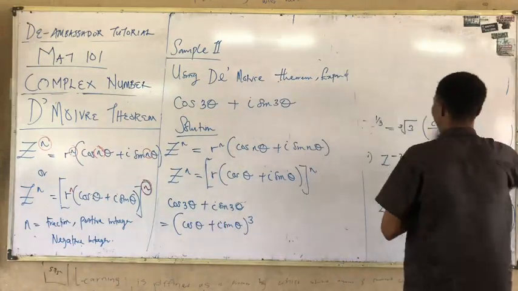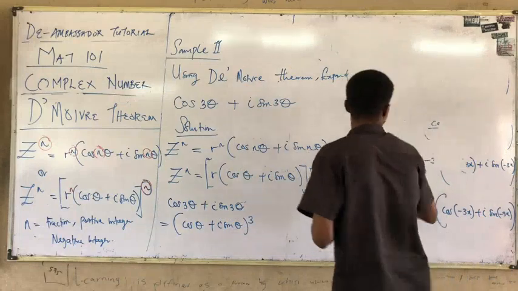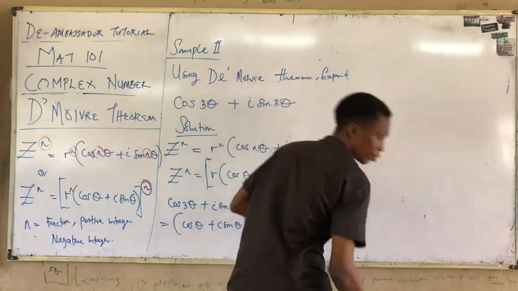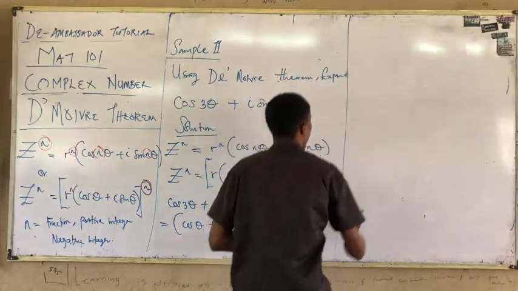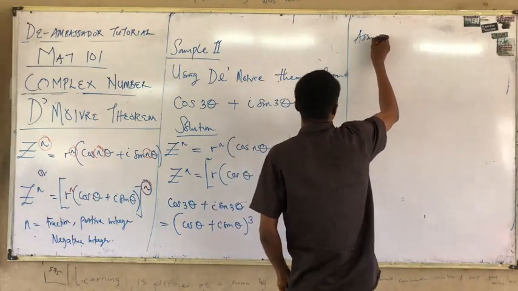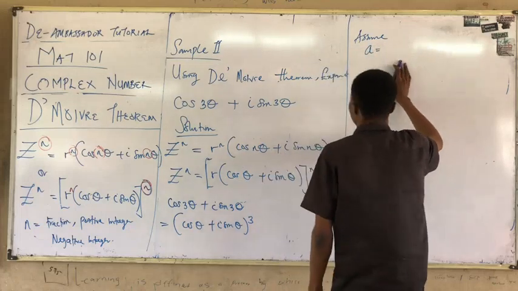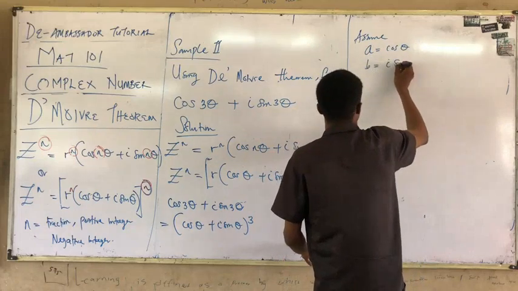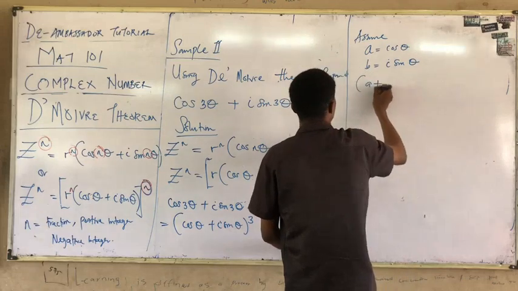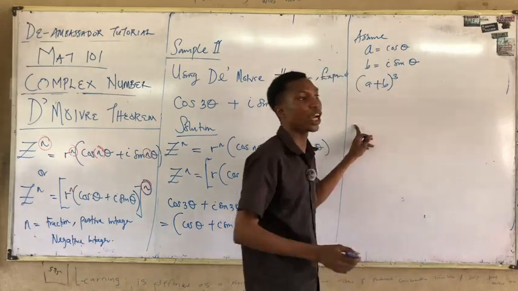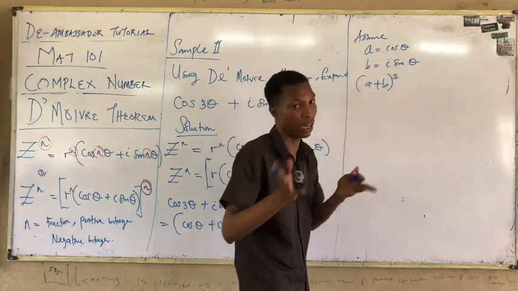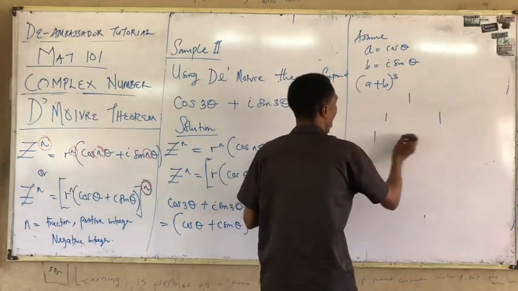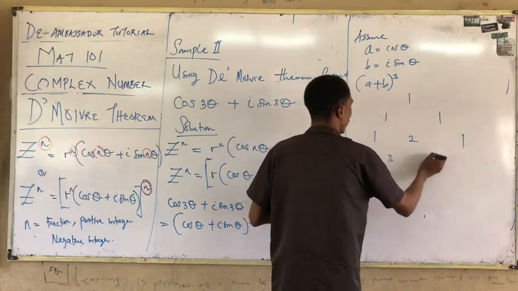So let's do something. Let's assume binomial expansion is coming in. Assume that a is equal to cos theta and b is equal to I sine theta. So what do we have? a plus b in the power of 3. Now, using the binomial theorem, we should use Pascal's triangle. 1, 1, 1, 1, 2, 1, 1, 3, 3.